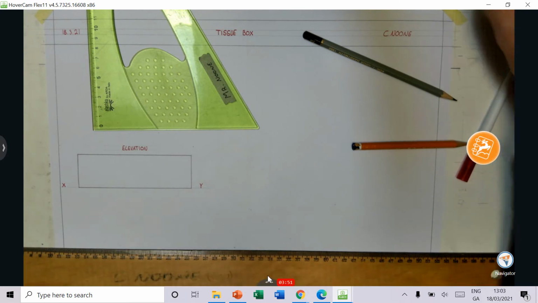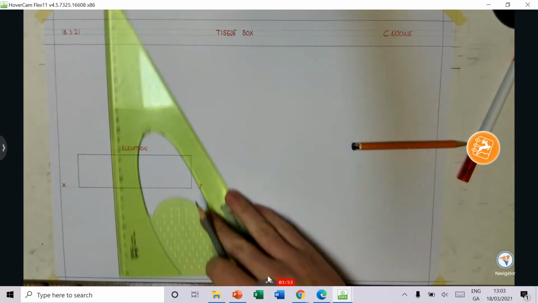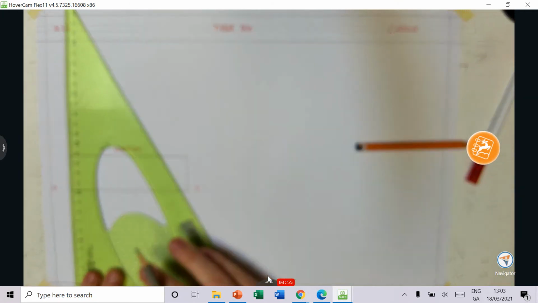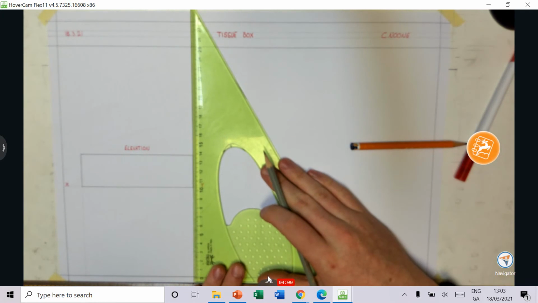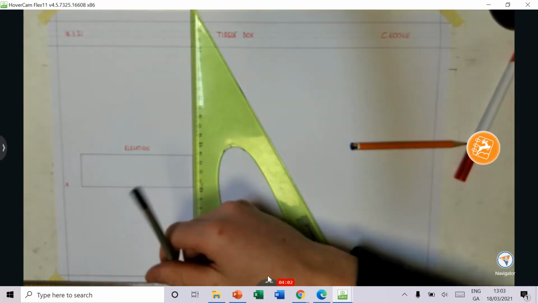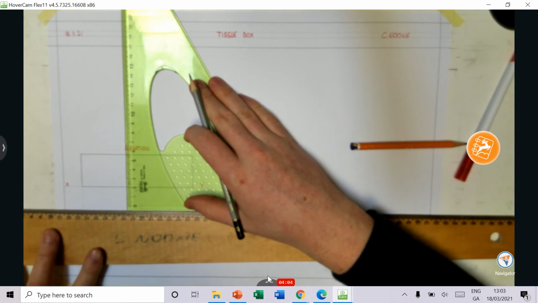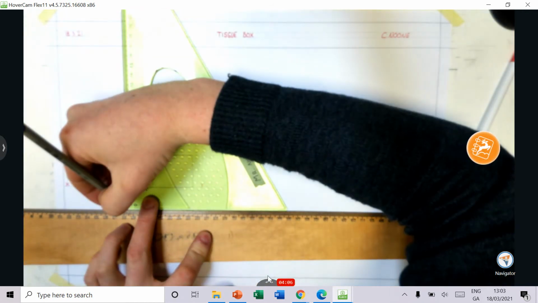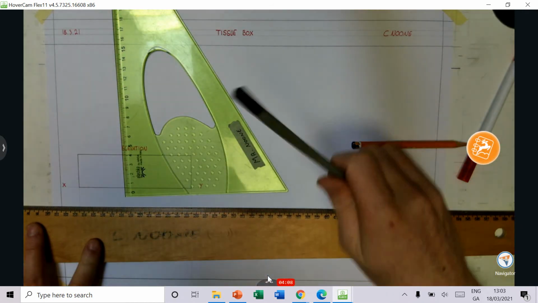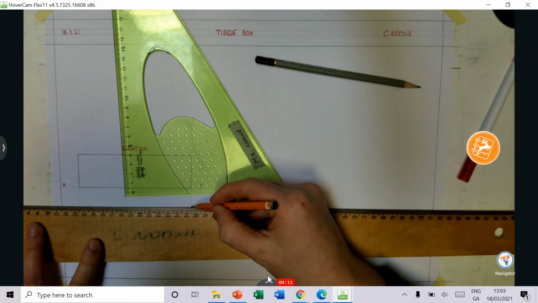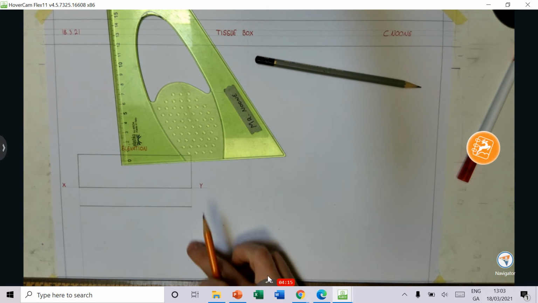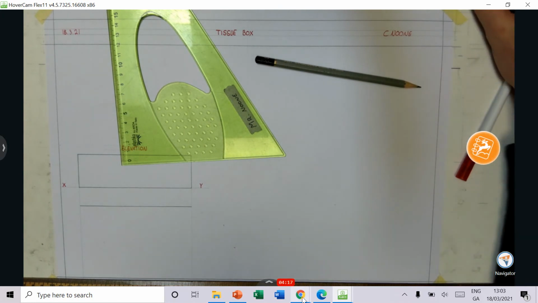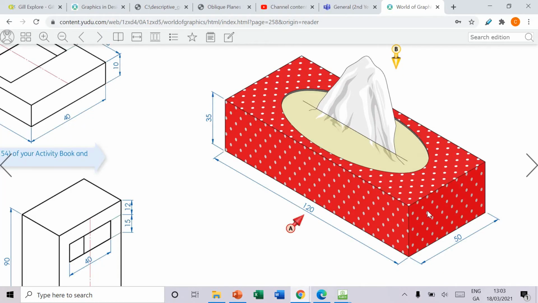Okay, so directly below the elevation we're going to have the plan. So I'm going to project down the width of both of those sides, projecting this one down and this one down. And 20 mil underneath, I'm going to start drawing the plan of that shape. So I've measured down 20 mil, and I'm going to start drawing the plan here. Let's go back to the book, and I can see that the plan is 50 mil wide here.